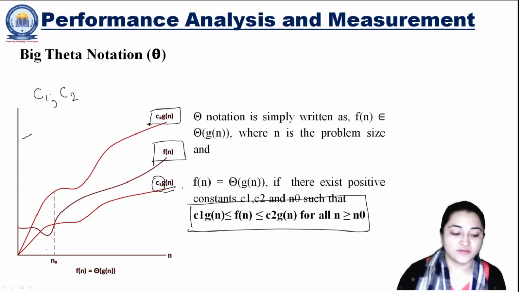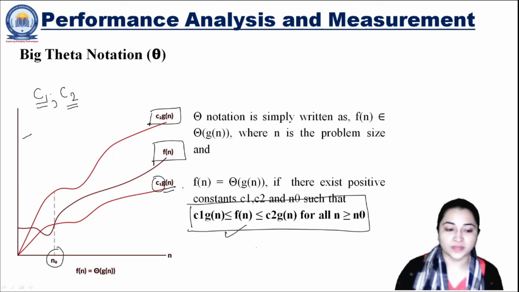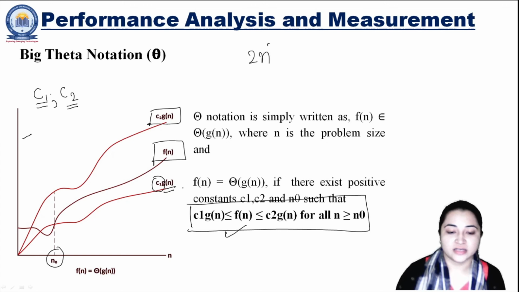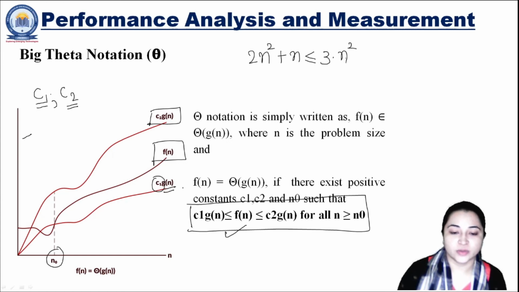So we will find some initial value n0 and two constants c1 and c2 such that this condition will always hold true. So for example, if f of n is 2n square plus n, then as we had seen in big O notation, we had selected this constant as 3 and g as n square.